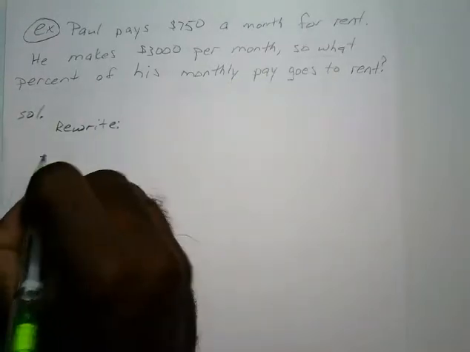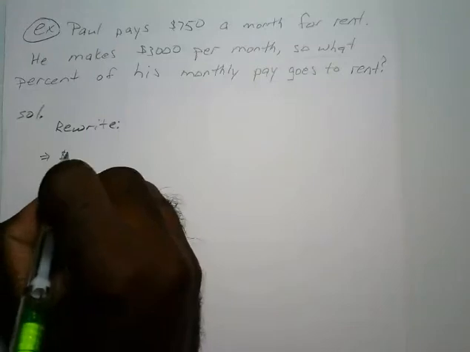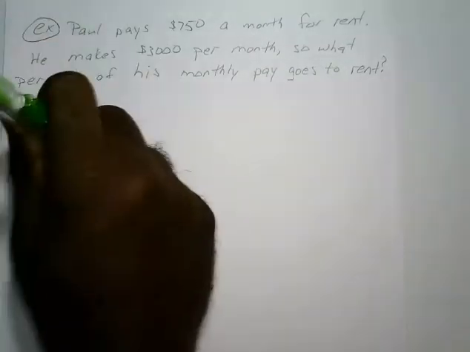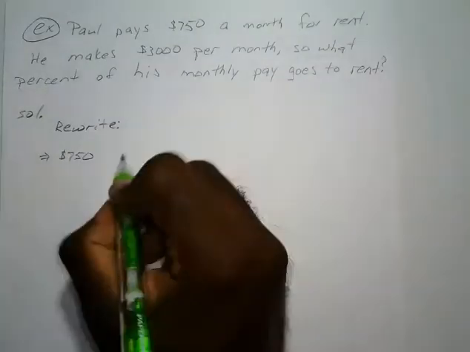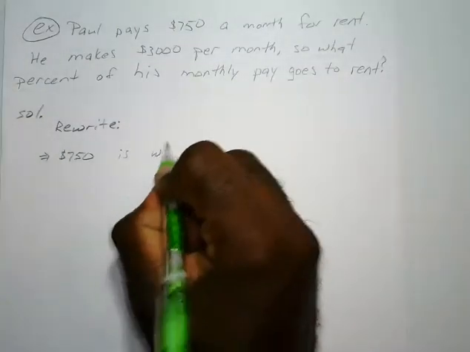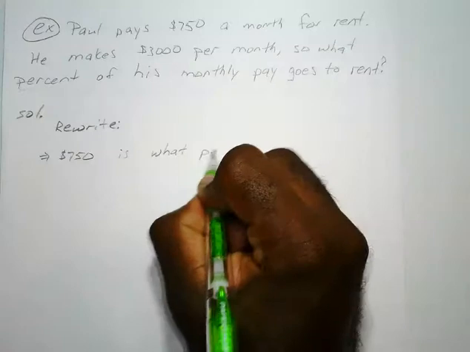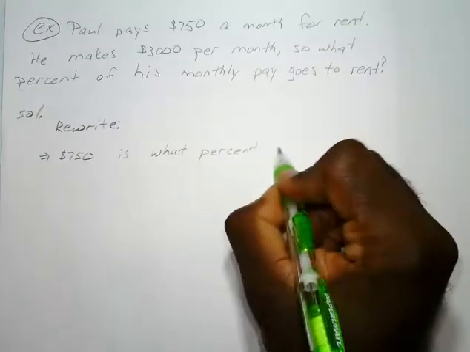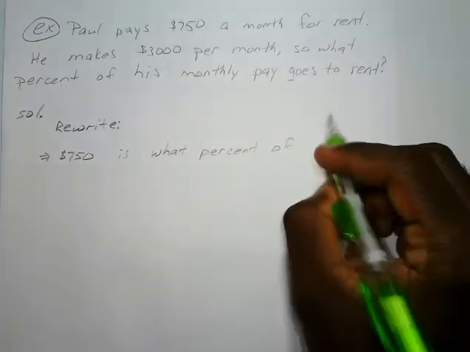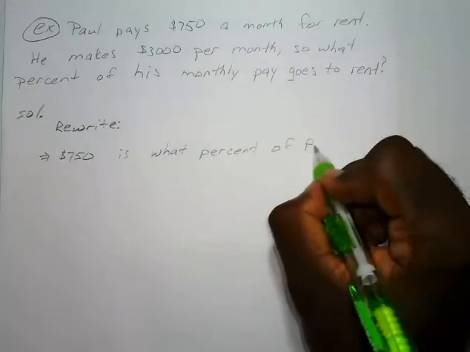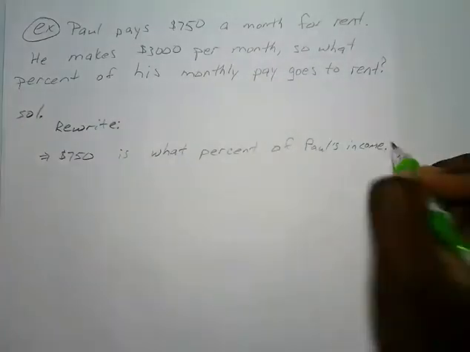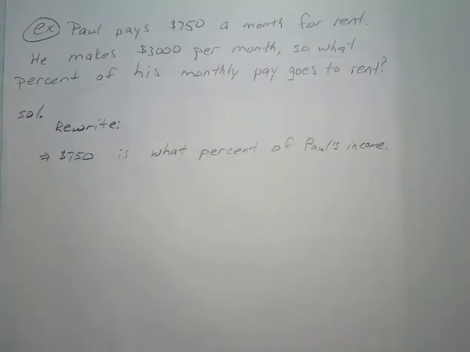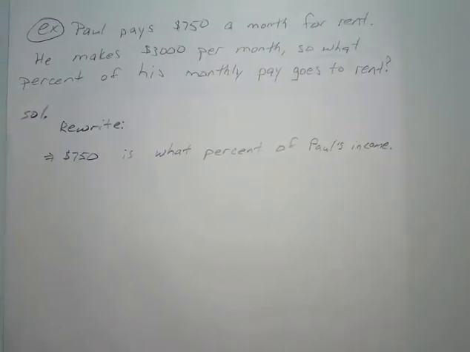So if we rewrite that, we can just say, $750 is what percent of Paul's income. Okay, so all we did was rewrite what they're asking us for.